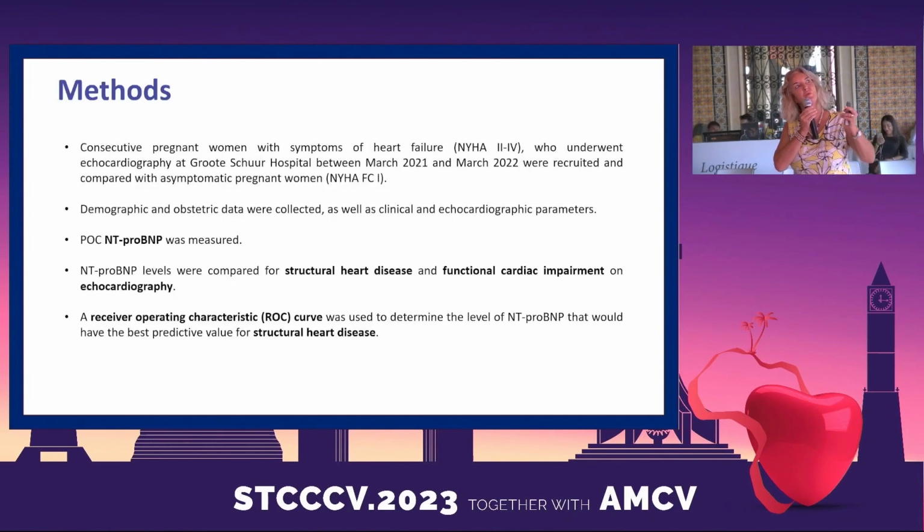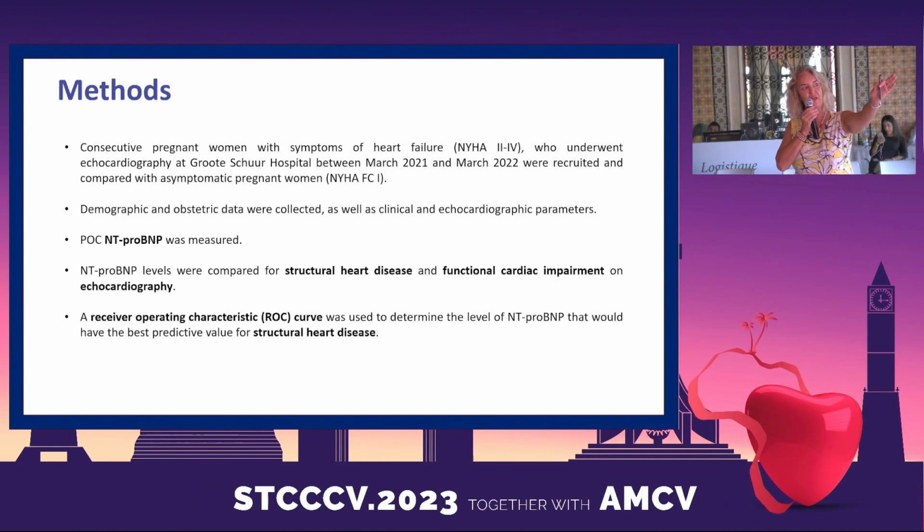The method was that they used consecutive patients with symptoms of heart failure, functional class 2 to 4, who underwent echocardiography at Groote Schuur Hospital, the hospital where I work, between March 21 and March 22, and compared them with asymptomatic pregnant women. Then demographic and obstetric data were collected, as well as clinical and echocardiographic parameters.